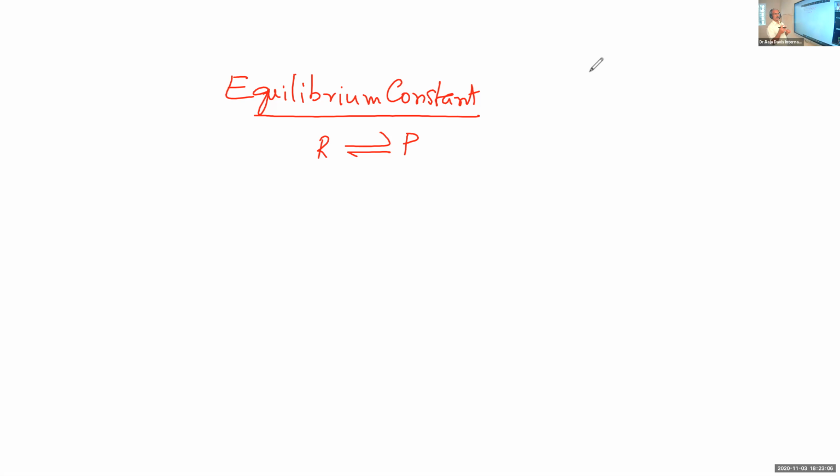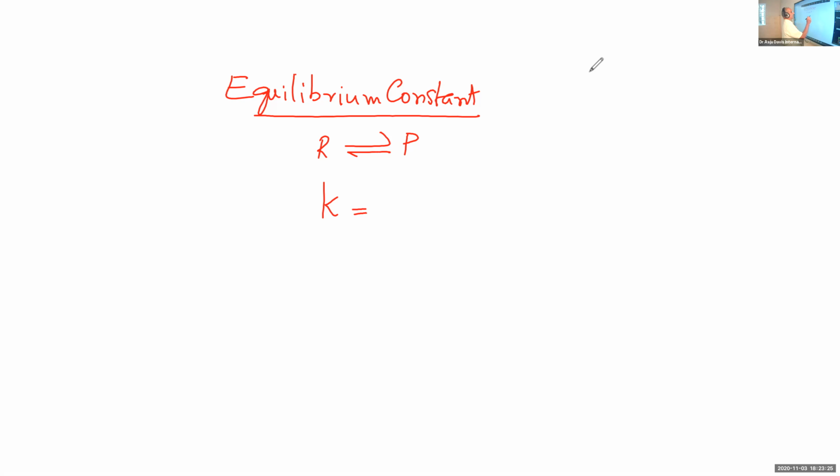In the numerator, the concentration of the product, right hand side. In the denominator, the concentration of the reactant, the left hand side. Then you will get a value, a constant K.